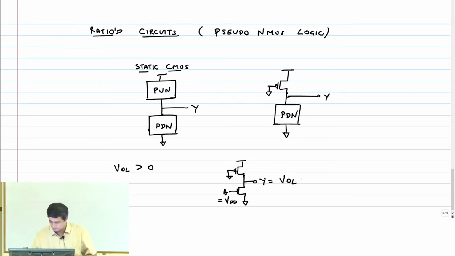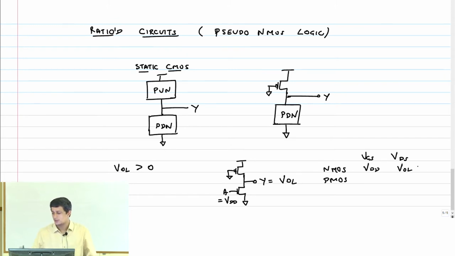Let us not jump there. Let's write it down. NMOS, PMOS, VGS, VDS. What is VGS for the NMOS transistor? VDD. VDS is VOL.